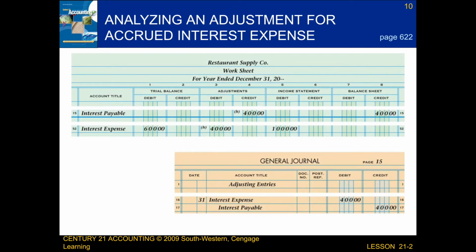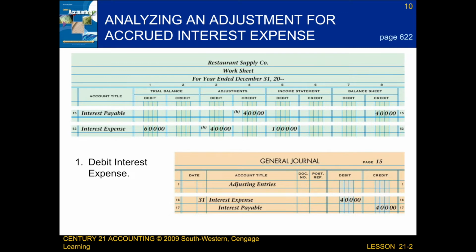Alright, next we're going to be talking about analyzing an adjustment for accrued interest expense. So when we analyze an adjustment for accrued interest expense, there are a few steps that we have to follow in order to complete this process.